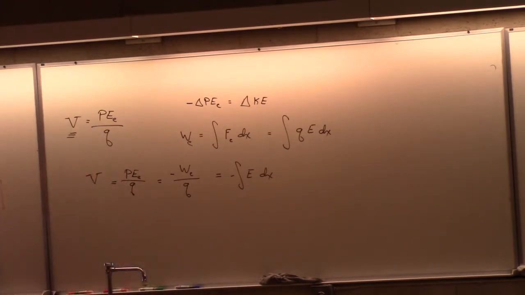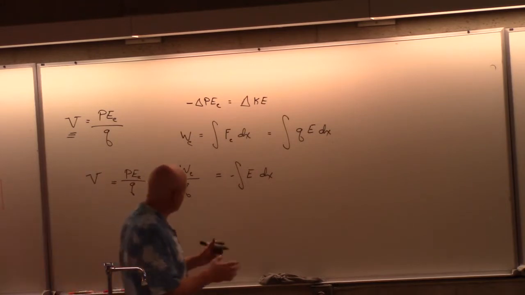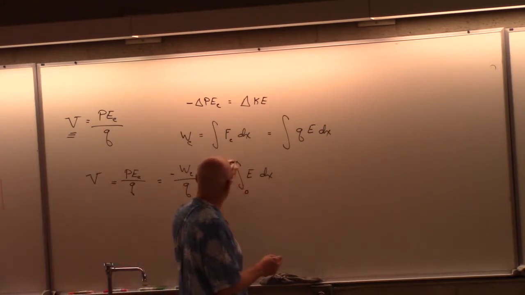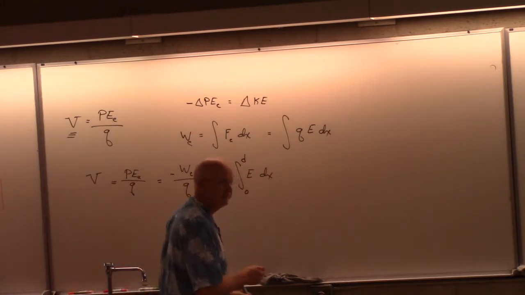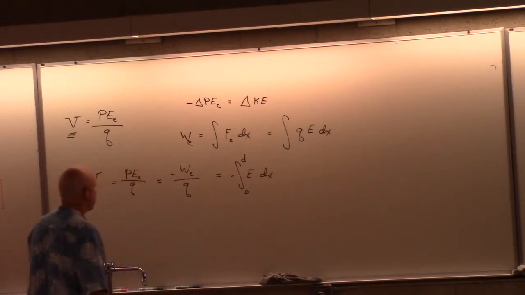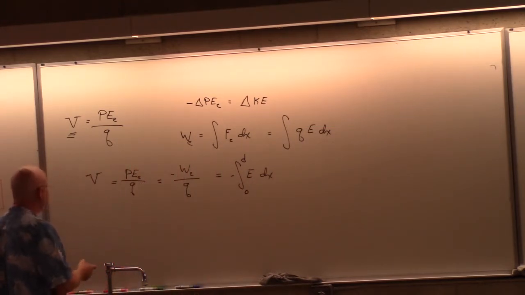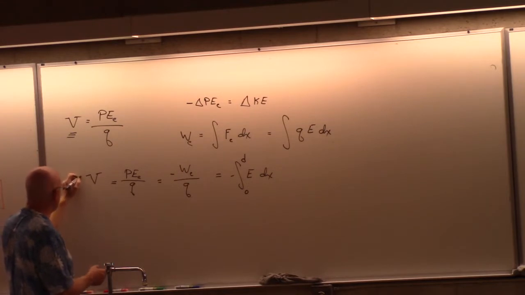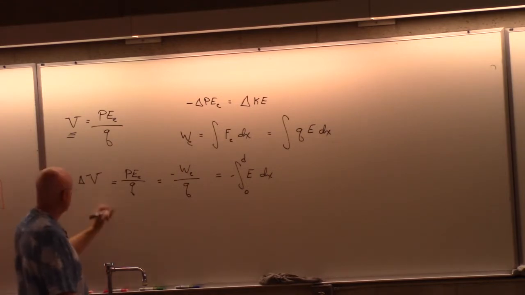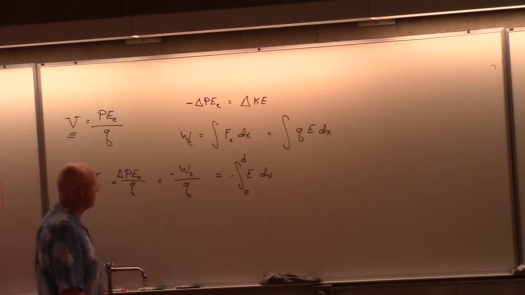Aha. Okay. Now you can see where I'm going. Oh, let me change it to a transition. Let me go from position 0 to position D. That would really mean I am doing a change in the potential to get a change in the potential energy.